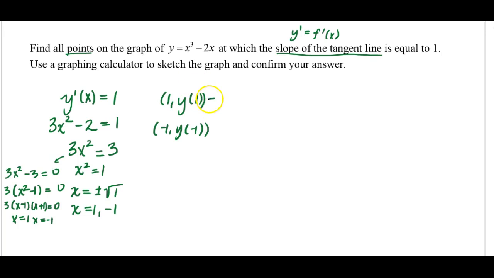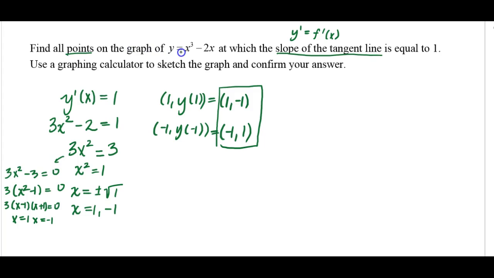Alright, so if I plug in 1, I get 1 cubed, so 1 minus 2 times 1. So 1 minus 2 is negative 1. And if I plug in negative 1, I get negative 1 cubed, that's negative 1, and then minus 2 times negative 1, so it's going to be a plus 2. So I'm going to have negative 1 plus 2, so I get 1. So these are my two coordinate point answers.